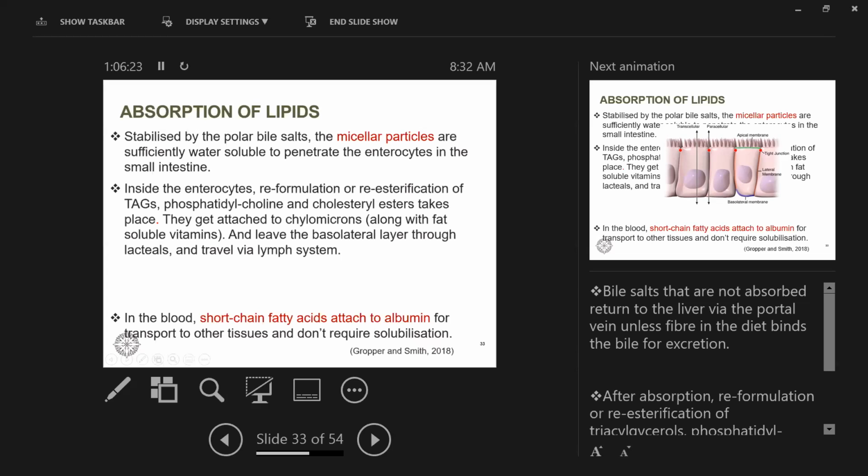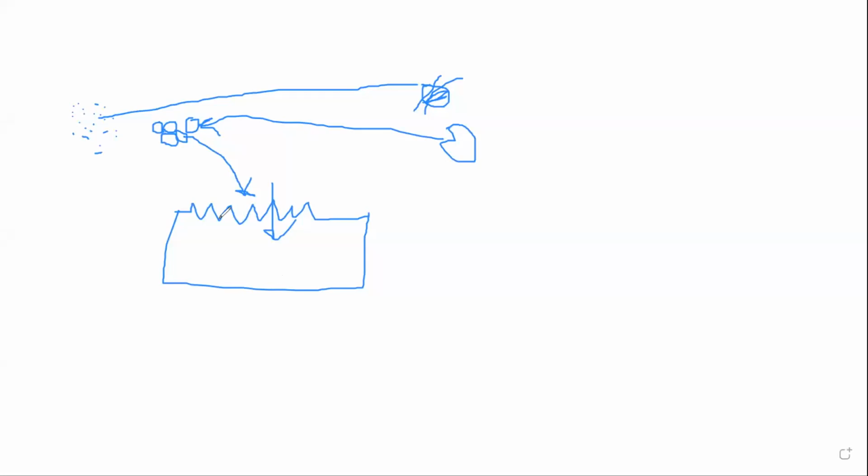Now, when it does that, the problem remains the same. How does it cross the basolateral layer now? So what the body does is, inside the intestinal cell, it takes the fatty acid and covers it with lipoproteins.